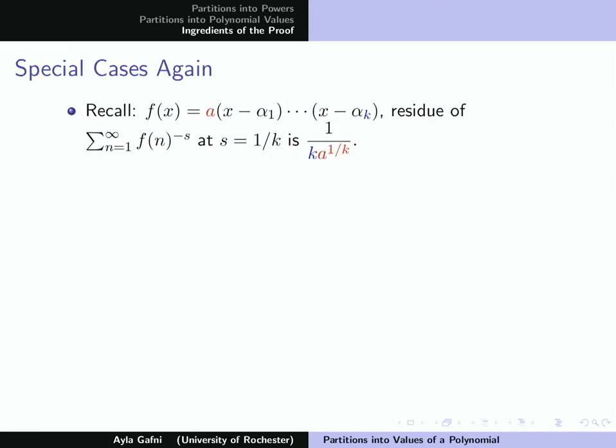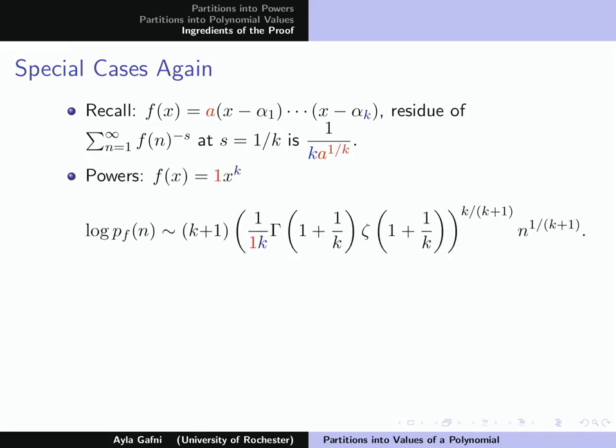So I've color-coded this to keep track of where the residue is appearing. If we have our polynomial with leading term a, and we have k roots, then we see that the degree shows up there, and then the kth root of the leading coefficient.